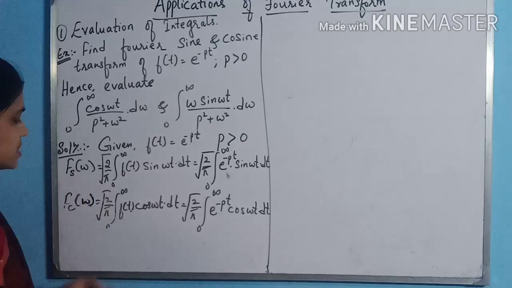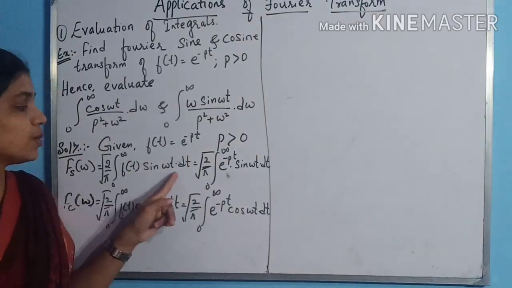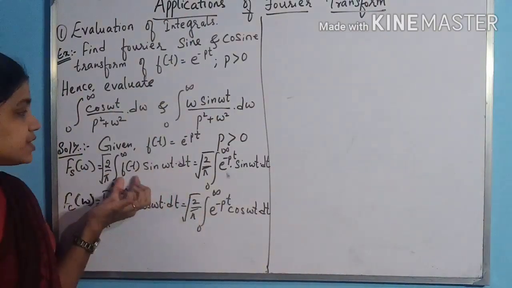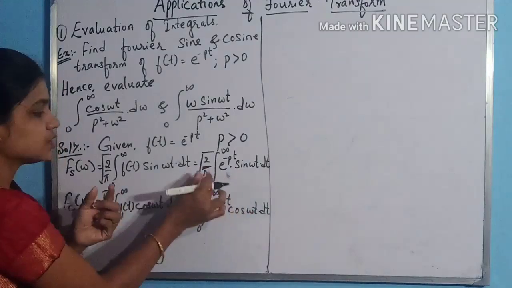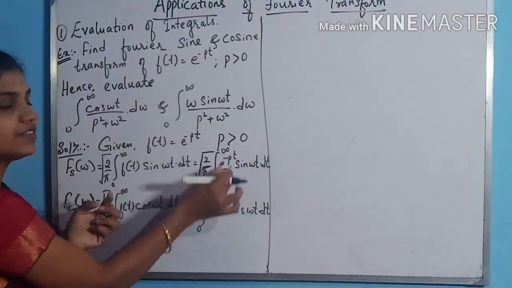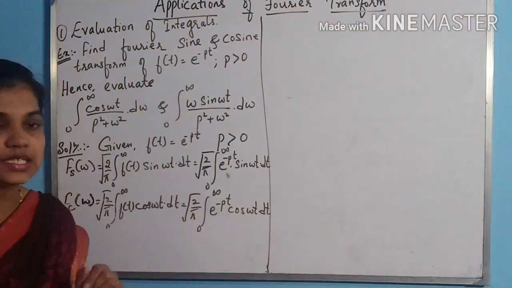The Fourier sine transform is root 2 by pi times the integral from 0 to infinity of f(t) sin(ωt) dt, where f(t) is e^(-pt). So I am going to substitute it here: root 2 by pi, integral from 0 to infinity of e^(-pt) sin(ωt) dt.